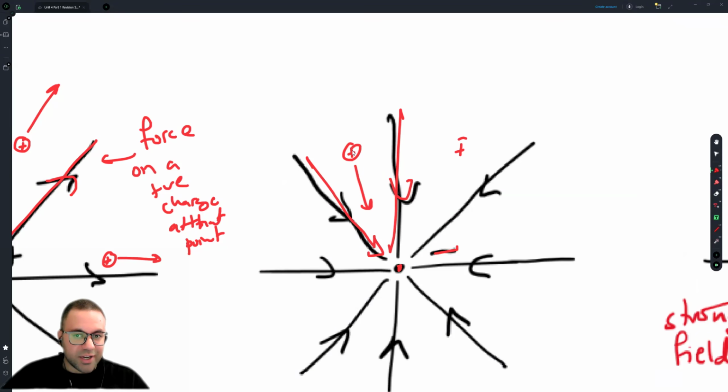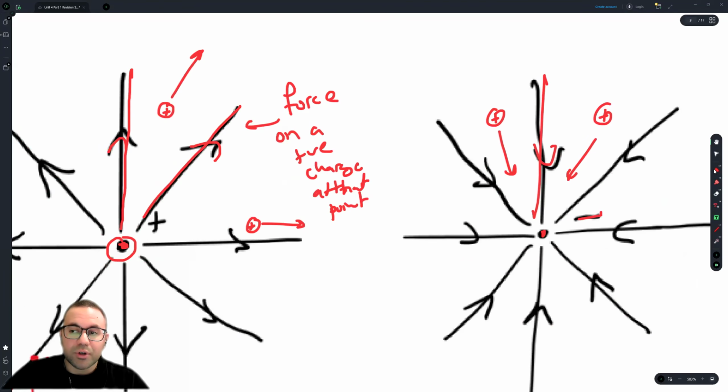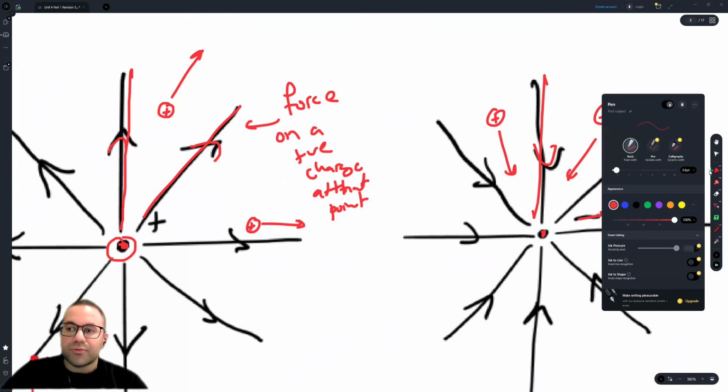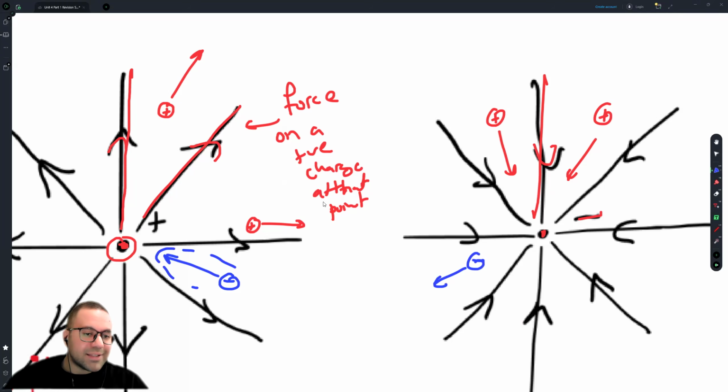Right? It gets attracted. So you might say, what about electrons or negative charges? Shouldn't we draw those? We don't have to. We know that positive and negative are always opposite to each other. So if you have a negatively charged particle here, it'll be attracted, or here, it'll be repelled, which means negative charges always move opposite to the direction of the field.